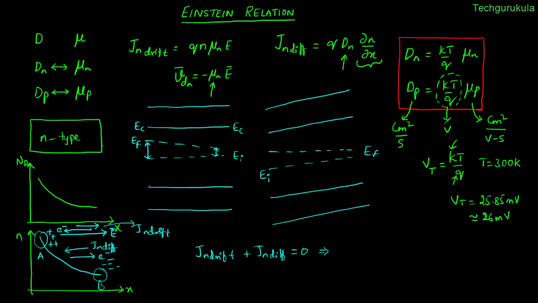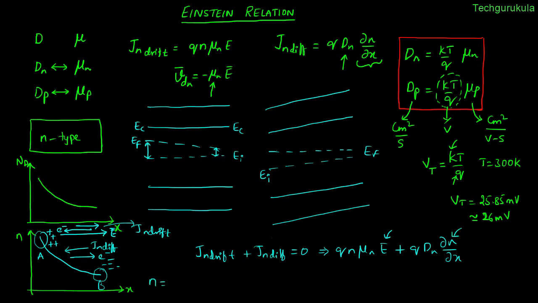Now if you write the expression for this, Jn drift is Q n mu n times electric field plus Jn diffusion, which is Q times Dn del n by del x. Now the question is, what is the electric field and what is n?